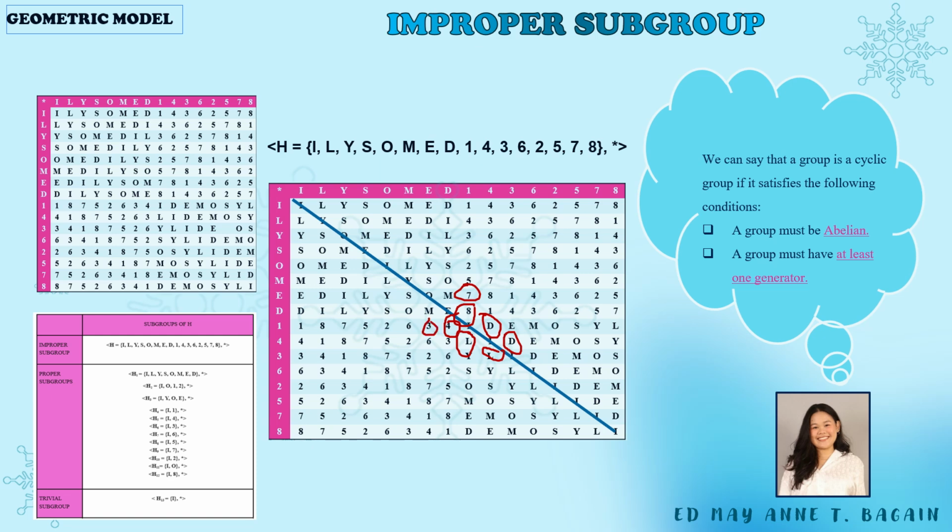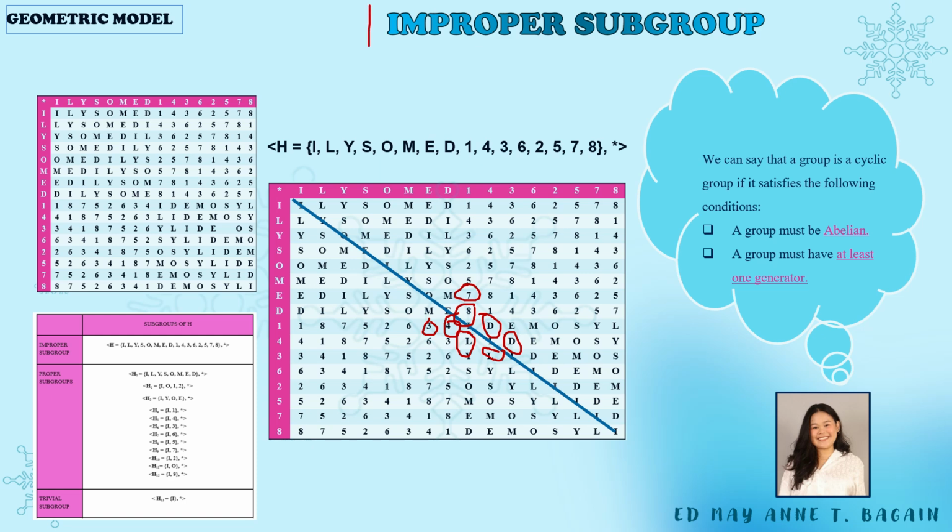So based on these elements, this is not abelian because these elements are not symmetric about the diagonal line. Therefore, it is not a cyclic group because one condition fails. Let us check what each element generates in this improper subgroup.